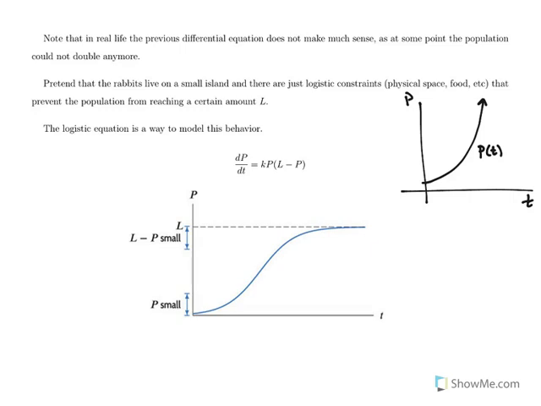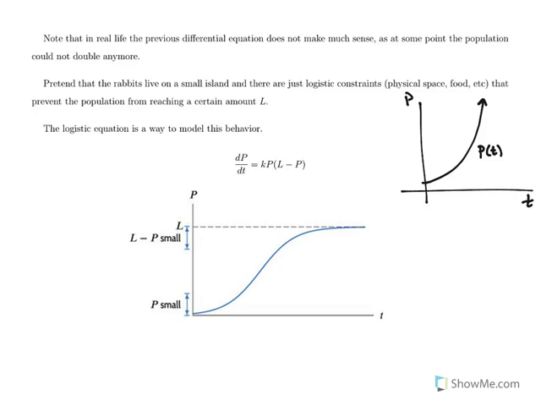In real life, that's not what's going to happen. At some point, the population cannot double every 10 days. It's going to have to slow down at some point. And a more real life situation here has to do with something called the logistic equation. So a good way to think about the logistic equation is to think that these rabbits live on a small island, right? And there are some logistic constraints that prevent the rabbits from growing without any bounds.